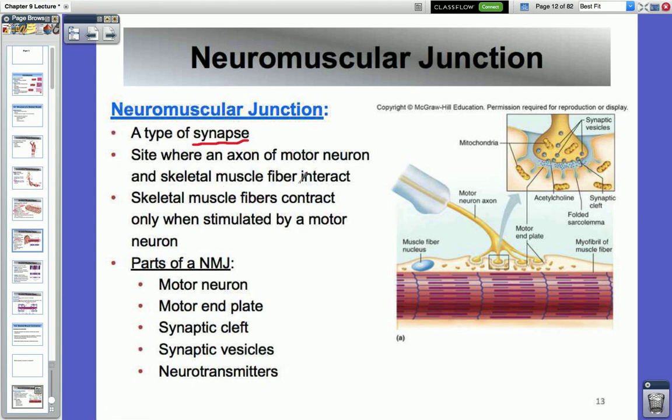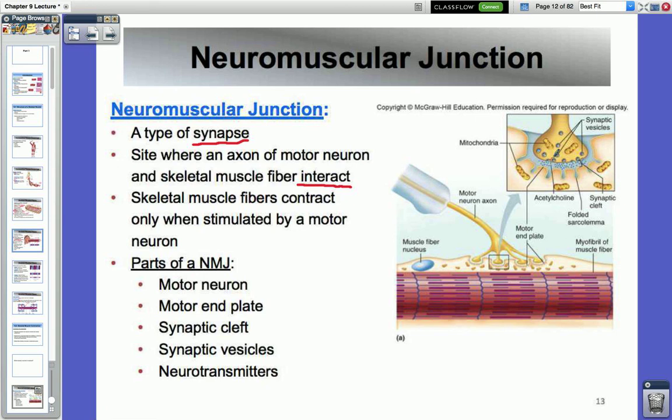And one thing I want to point out, it says where they interact, but it doesn't mean specifically where they touch. Because if you notice here, and even here as we get a little bit closer, those two things aren't physically touching. They're very, very close, but they are not physically touching each other.